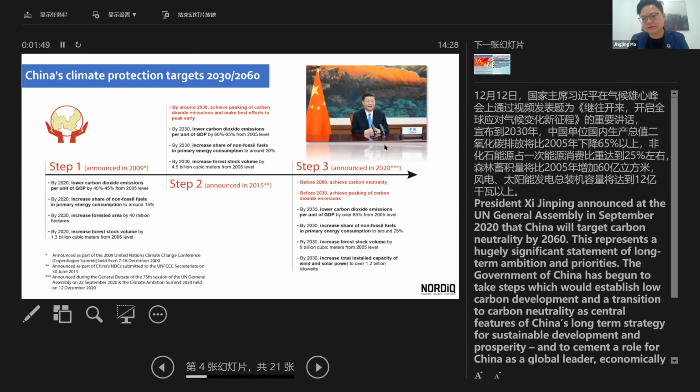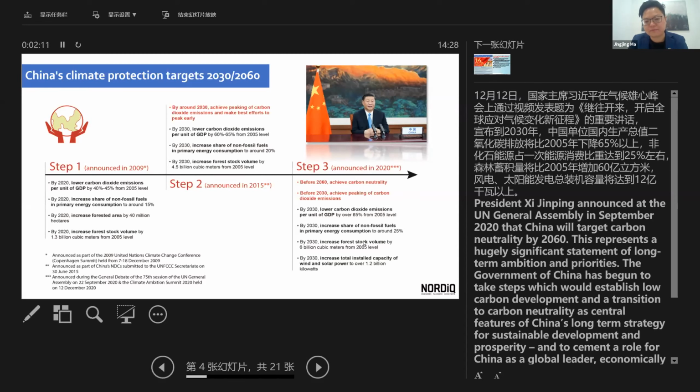For the last 20 years, China has been working intensively on the international UN framework on climate change. And last September, our president, Xi Jinping, officially announced the Chinese national target to achieve carbon neutrality.